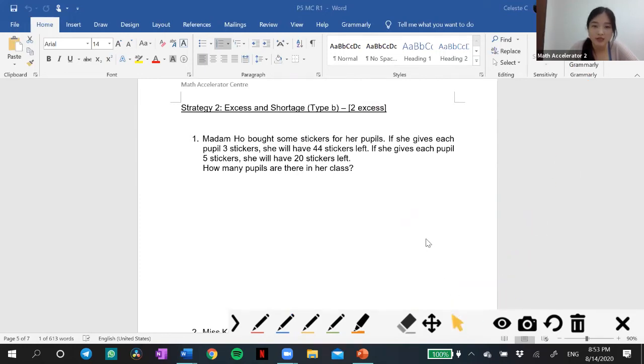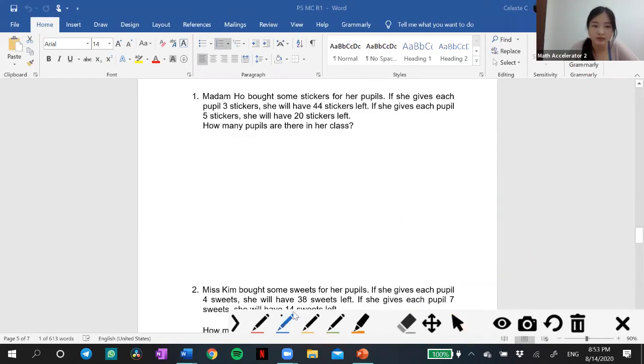If she gives each pupil 3 stickers, she will have 44 stickers left. Excess or shortage? Excess. Yes, correct. If she gives each pupil 5 stickers, she'll be having 20 stickers left. Excess, shortage? Excess.